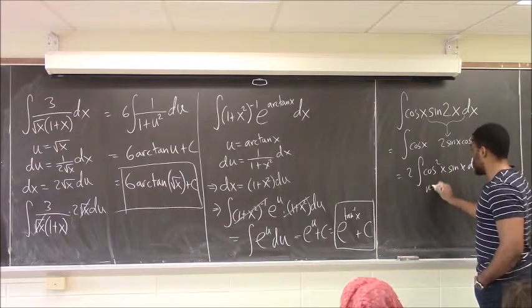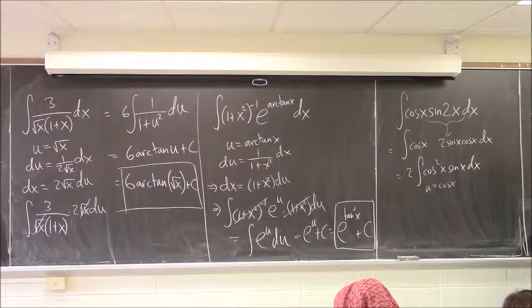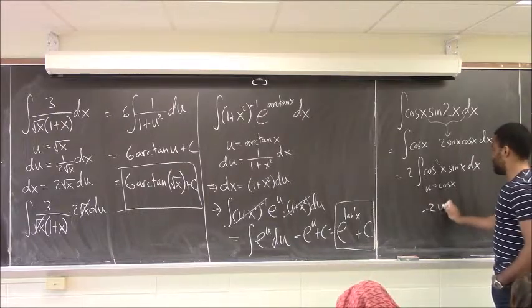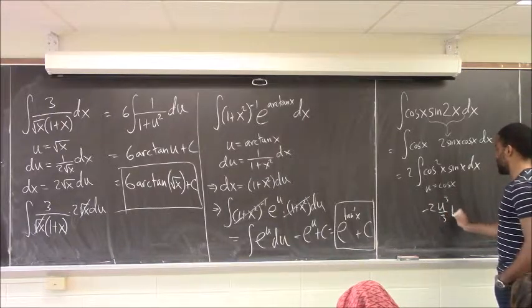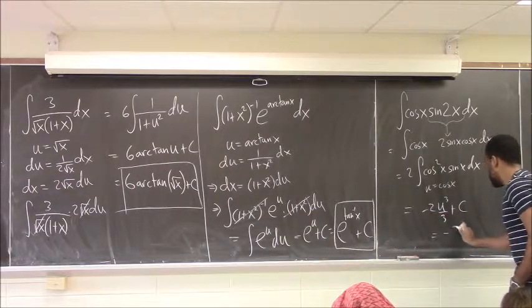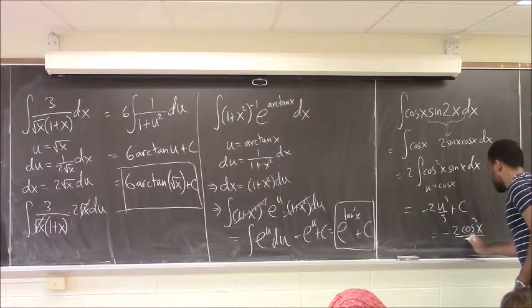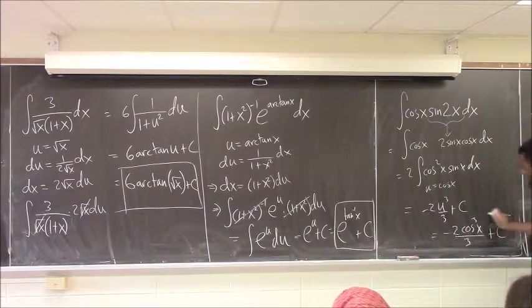So we would just say u equals cosine. du would be minus sine of x, so then you end up with minus u squared. So you would have minus 2u cubed over 3 plus c. So it's minus 2 cosine cubed x over 3 plus c.